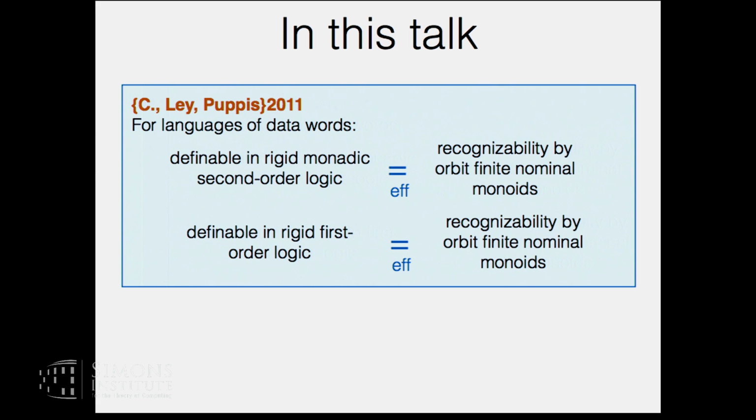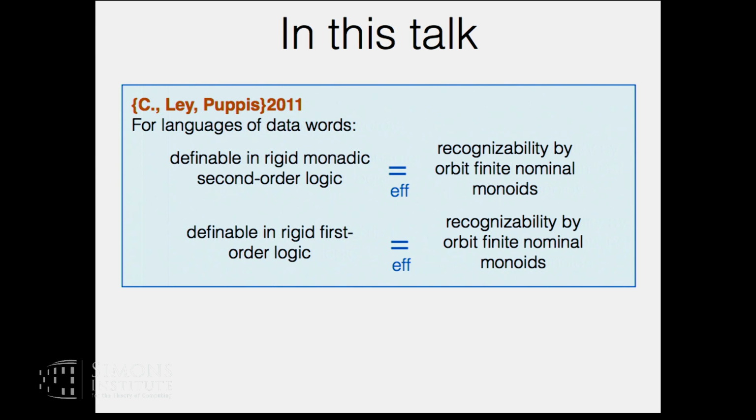So this is our result, and I will take most of the time to try to explain what's going on there. What is important is that on the left side, we have a logic, which is monadic second-order logic plus some rigidity thing. If we use it over normal words, this is full monadic logic, completely syntactically.